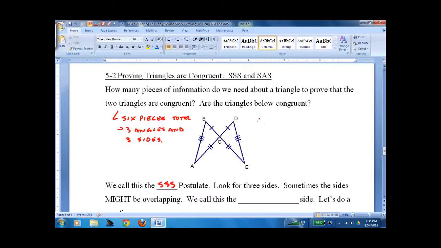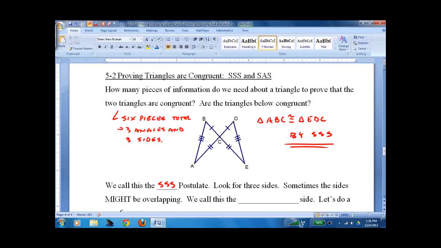So we would say triangle, let's just say random, ABC is congruent to triangle EDC by SSS. We would say side, side, side postulate, but we just write side, side, side.